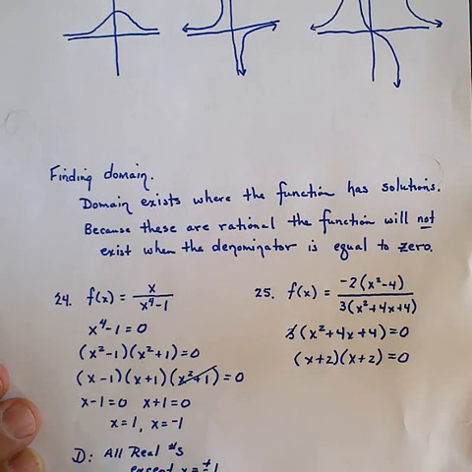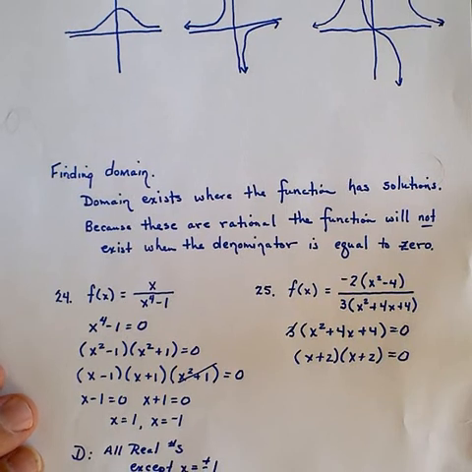Okay? Now, if you chose to take the 3 and distribute it through and then factor, you would still get the same things in terms of your final solution. I just chose to go ahead and eliminate it at the beginning since it wouldn't have a bearing on my answer. Okay?